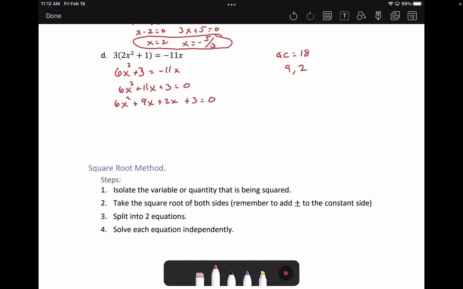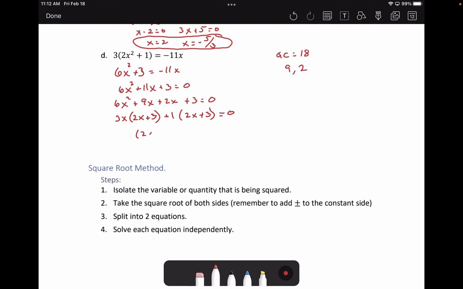Look at the first two terms. Their greatest common factor is 3x. We're left with 2x plus 3. The last two terms have nothing in common other than 1. We'll just factor out the 1, and we're left with 2x plus 3 equals 0. Parentheses are the same.